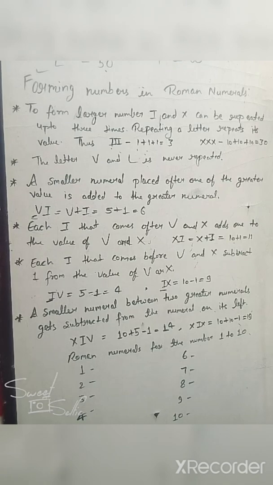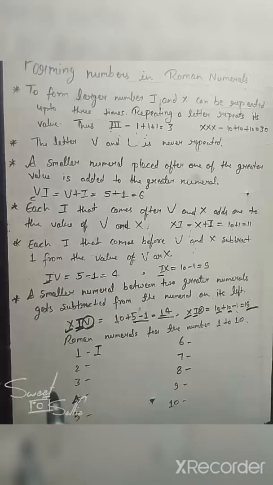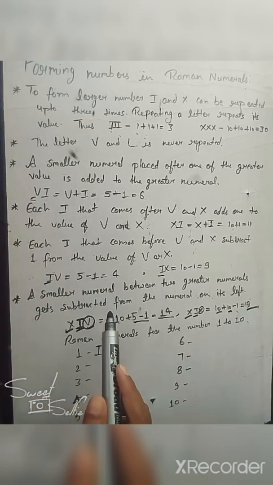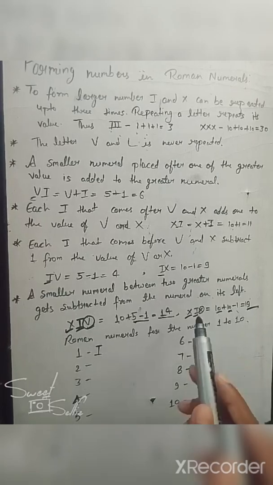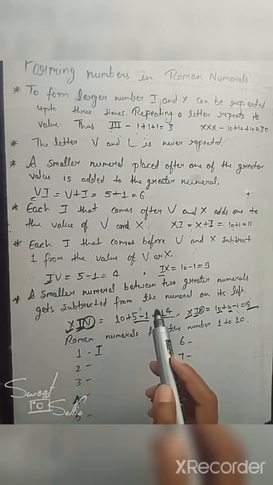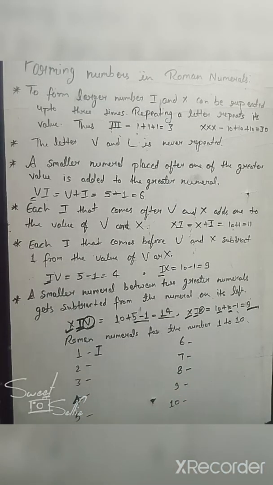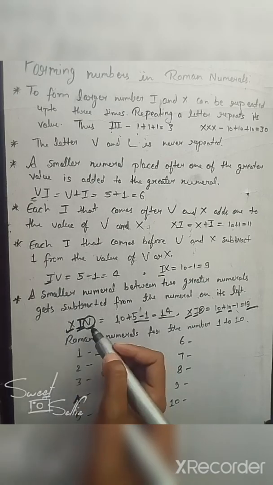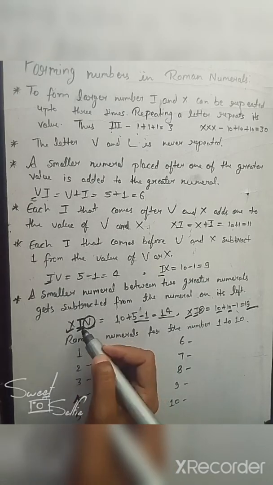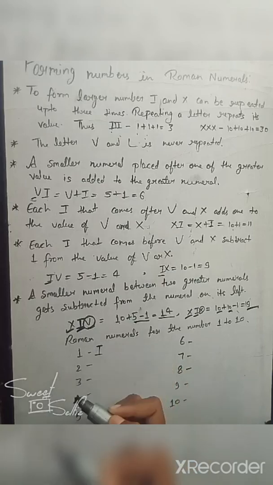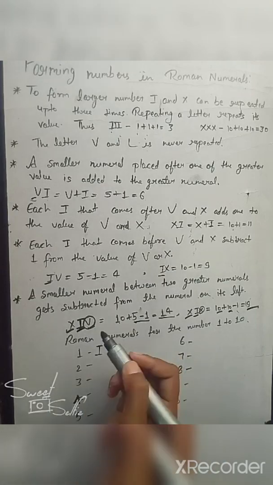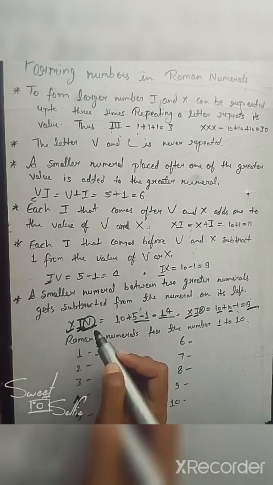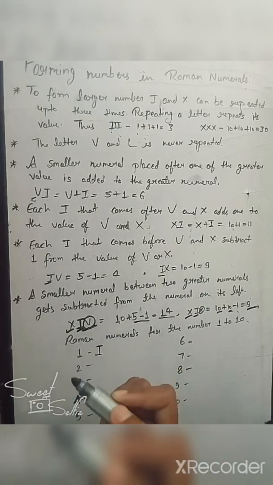Okay. Next is a smaller numeral between two greater numerals gets subtracted from the numeral on its left. मीन्स कि अगर दो ग्रेटर न्यूमरल के बीच में एक स्मॉलर न्यूमरल है तो हम उसको उसके लेफ़्ट में जो न्यूमरल रहेगा उससे हम उसको सब्ट्रैक्ट करते हैं.